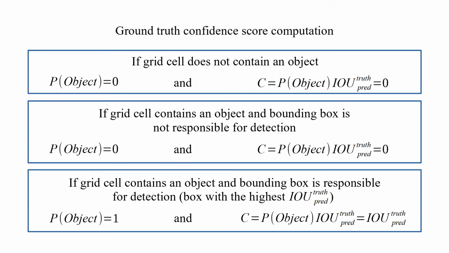If grid cell contains an object and bounding box is responsible for detection, which means this is the box with the highest intersection over union, then P of object is 1 and confidence score is equal to intersection over union between ground truth and predicted bounding boxes.